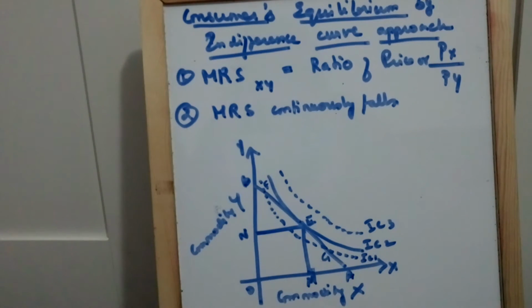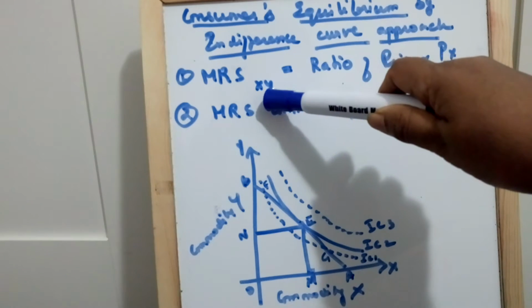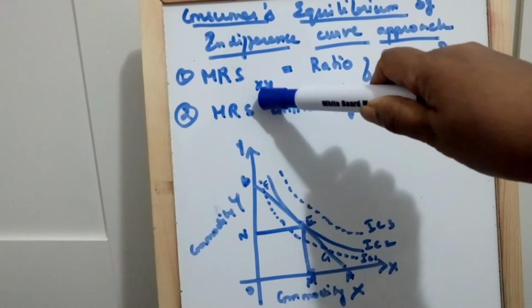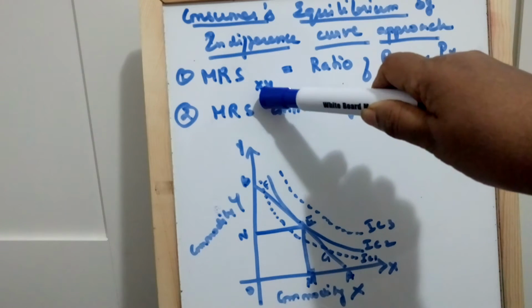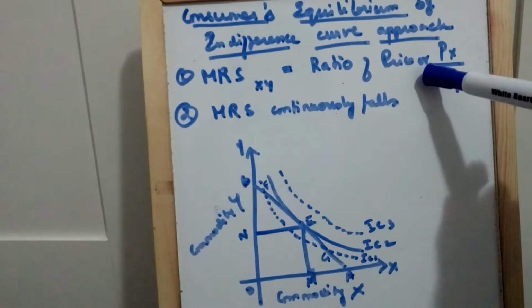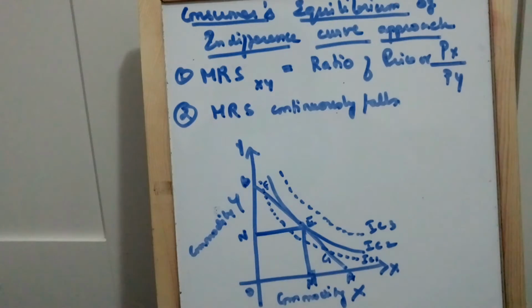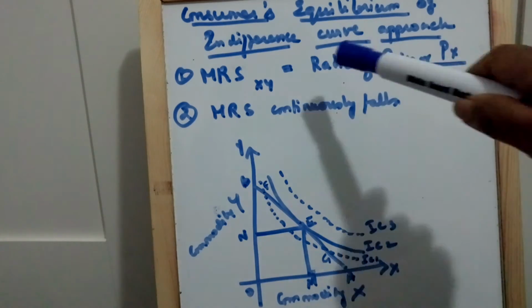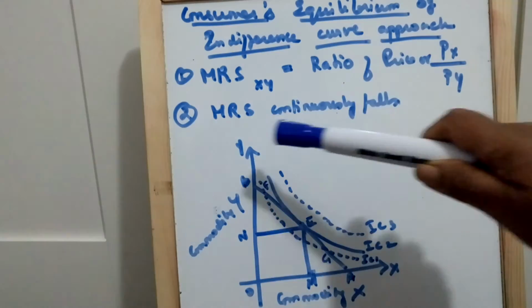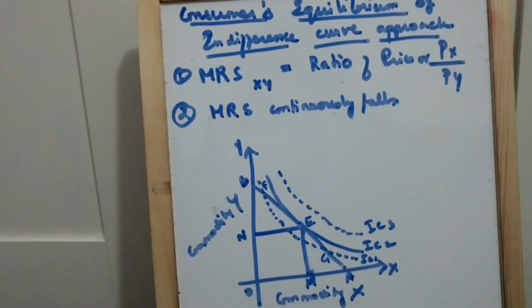Number one, the marginal rate of substitution of the two commodities X and Y, so MRS XY equals the ratio of price of commodity X to price of commodity Y. This is condition 1. The second condition, MRS continuously falls. These are the two conditions.